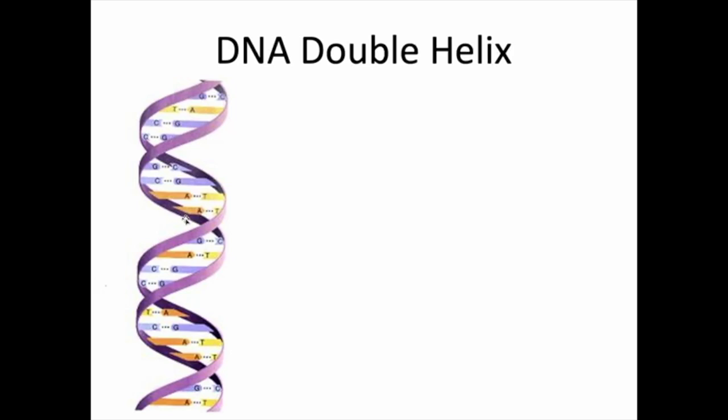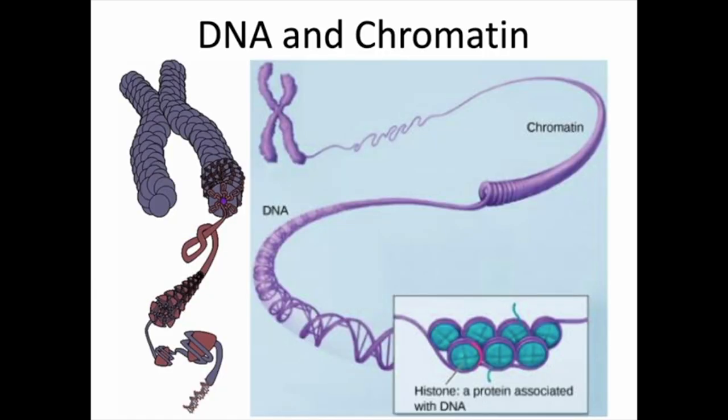It could not fit in the nucleus. It couldn't even fit in the entire cell if we had it sort of naked like this. So we do not have, by we I mean eukaryotes, we do not have naked DNA double helices. What we have is DNA packed up. Again, this is done so that it can fit within the nucleus.